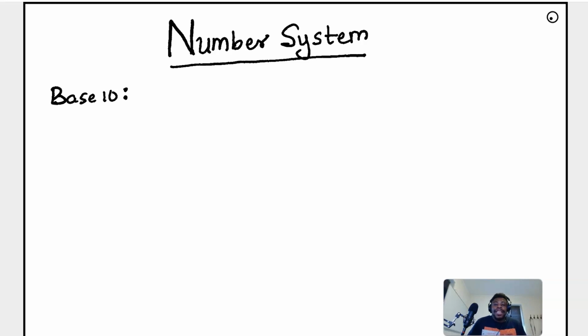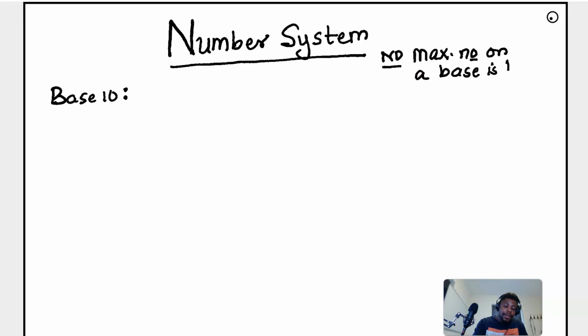Now, the highest number you can have on a particular base is that base minus 1. Listen again. I write it somewhere here. Maximum number on a base is the base minus 1.